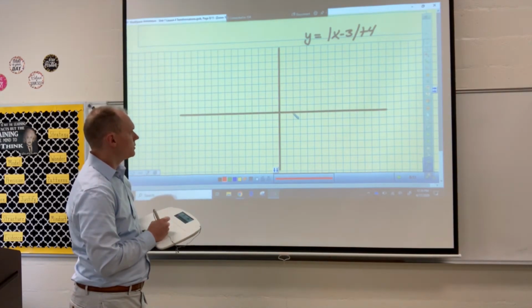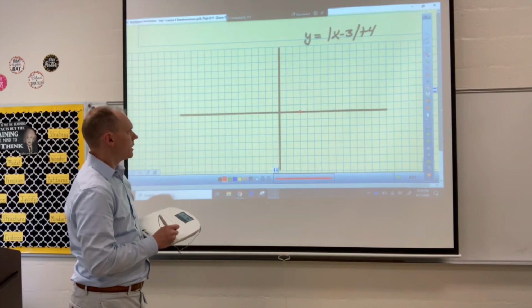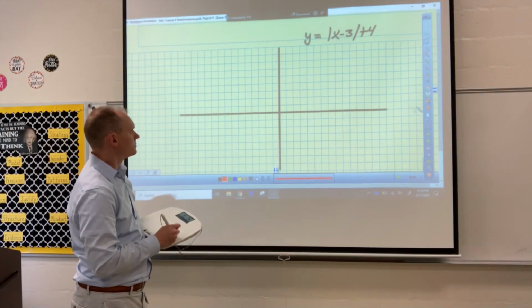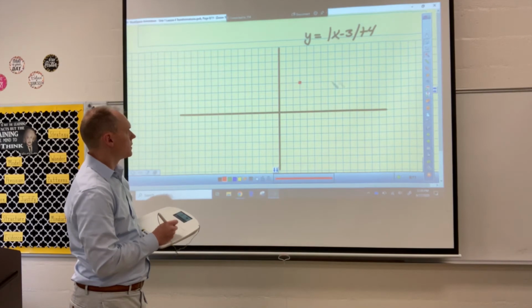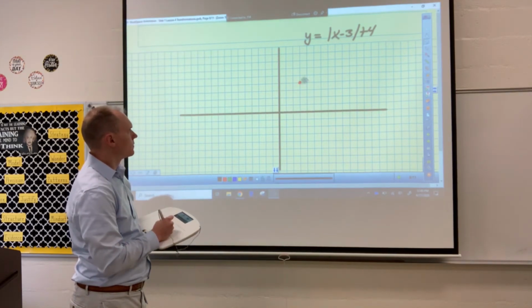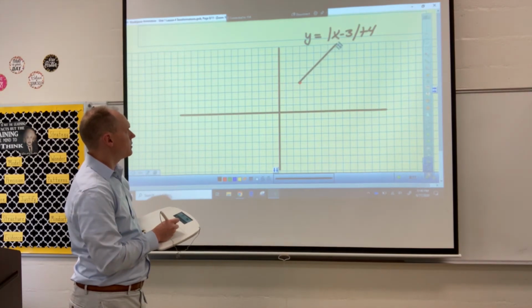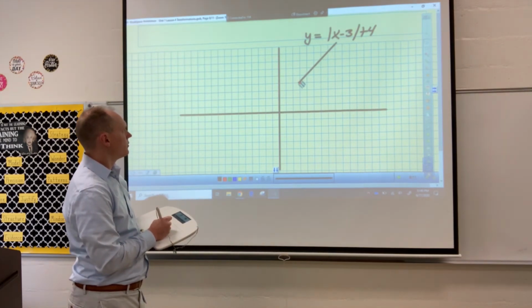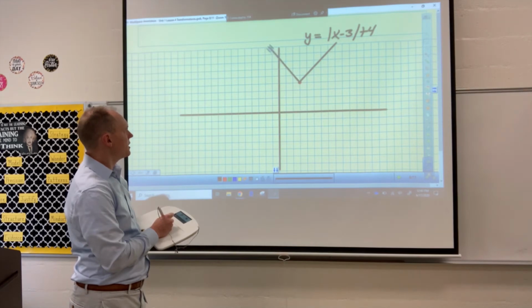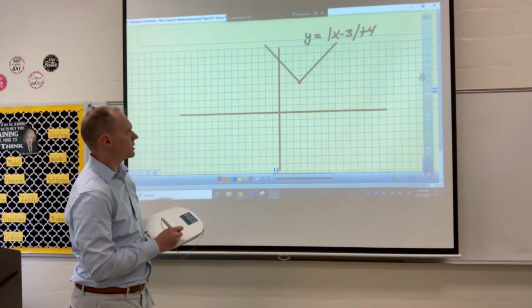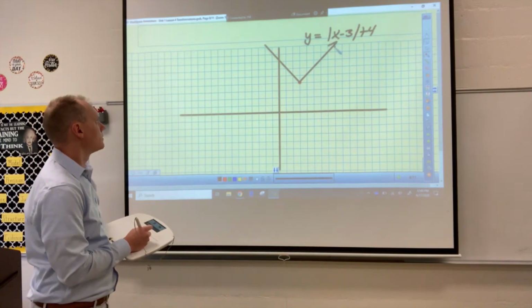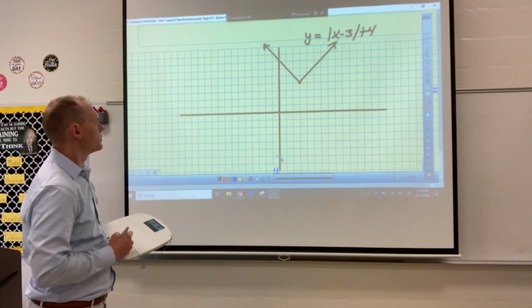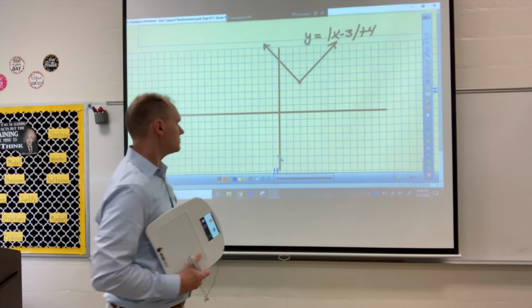So right 1, 2, 3, and up 4. And we still have that V shape here with a slope of positive 1 going in that direction and negative 1 going in that direction, forever and ever on both sides.